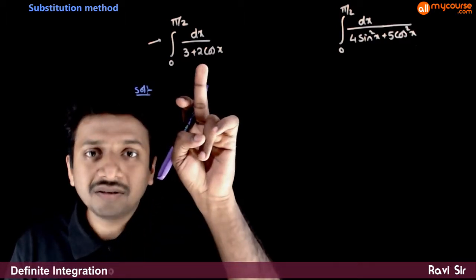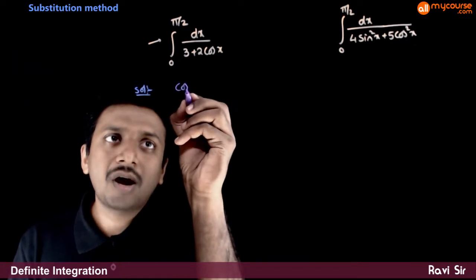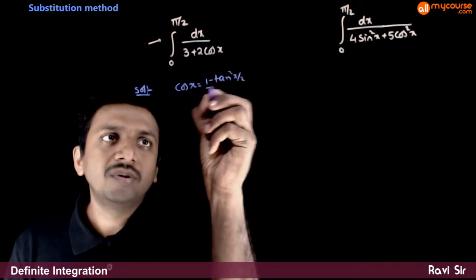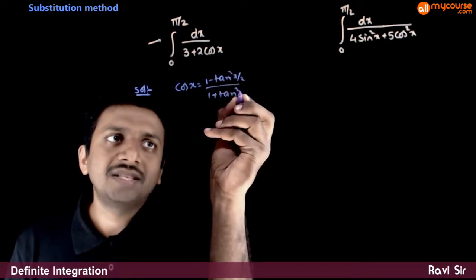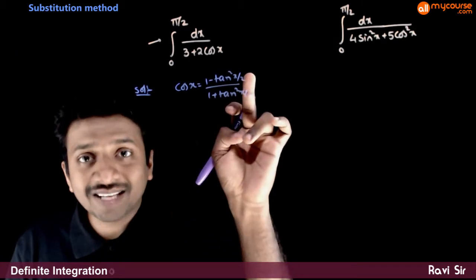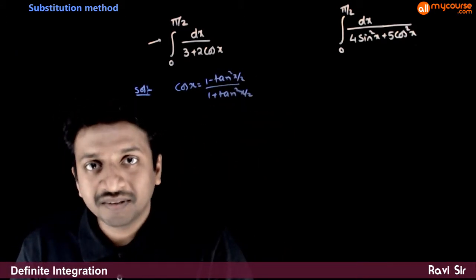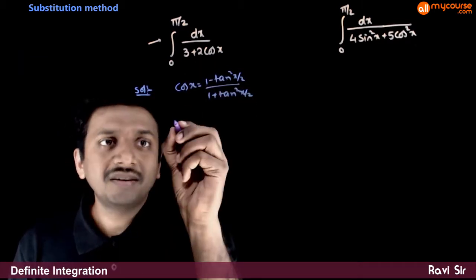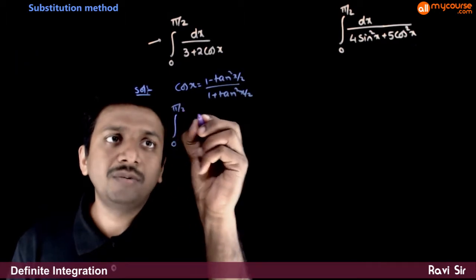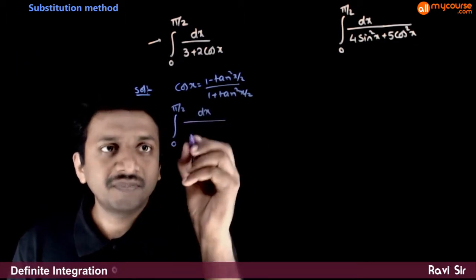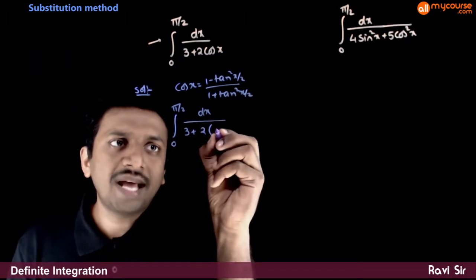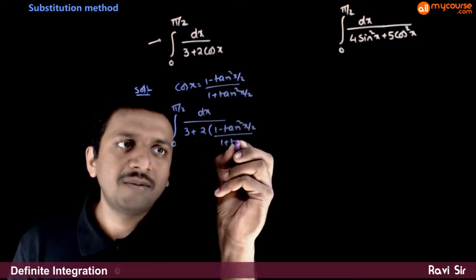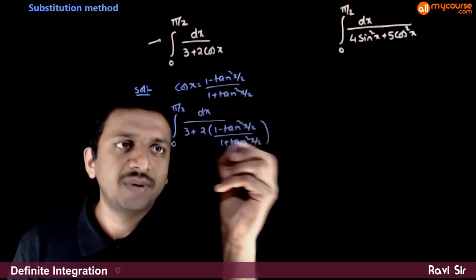So in the first question, we have to use the formula cos x is equal to 1 minus tan square x by 2 by 1 plus tan square x by 2, and put tan x by 2 is equal to t. So first let me use this formula here. This is integration from 0 to pi by 2 dx by 3 plus 2 times 1 minus tan square x by 2 by 1 plus tan square x by 2.